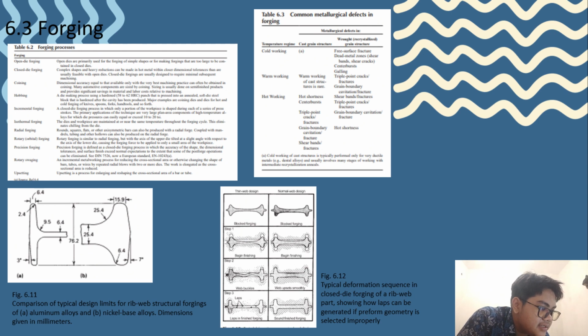Comparison of typical design limits for rib web structural forging for A, aluminum alloys, and B, nickel-based alloys. Dimensions are given in millimeters. We can see this picture in millimeter scale. In figure 6.12, we can see a typical deformation sequence in closed die forging of a rib web part, showing how lap can be generated if preform geometry is selected improperly.